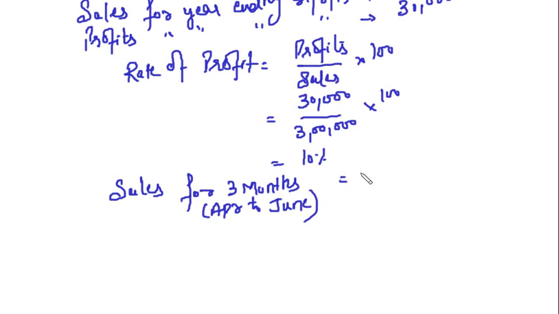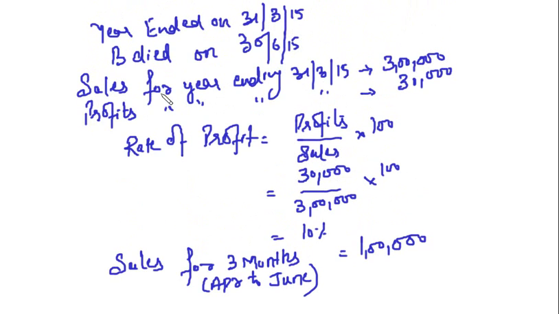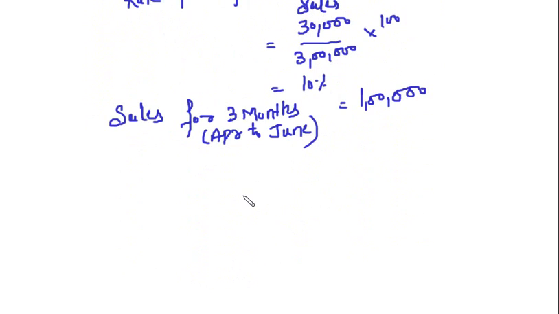This is 1 lakh, he says. Now what we are going to do is, we have the sales for the last period, we have profits for the last year. We calculated that last year we earned profits at the rate of 10%. Now we'll assume that we will earn profits at the rate of 10% this year also.